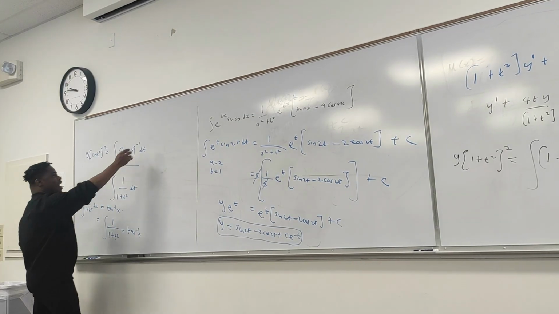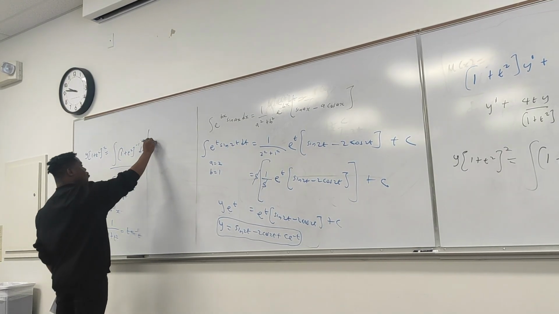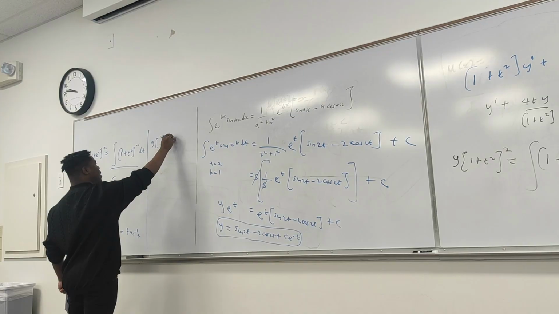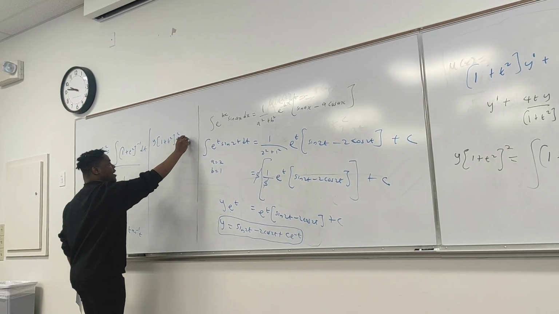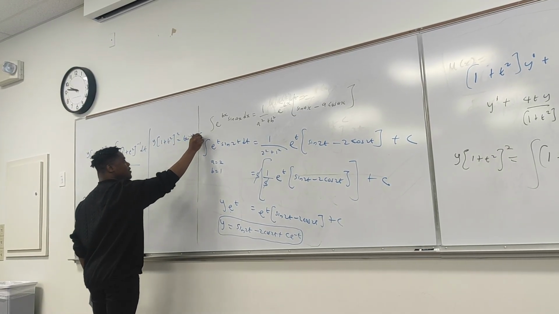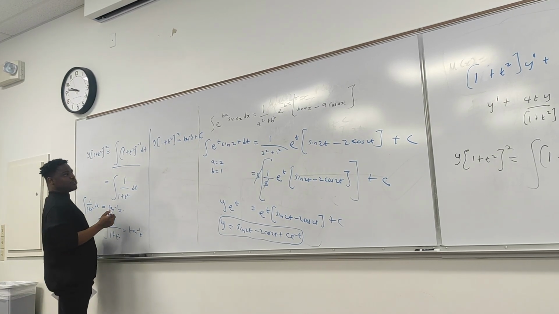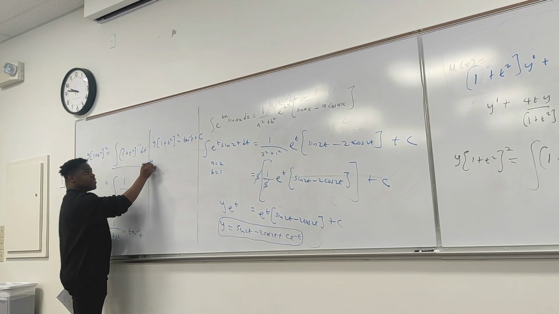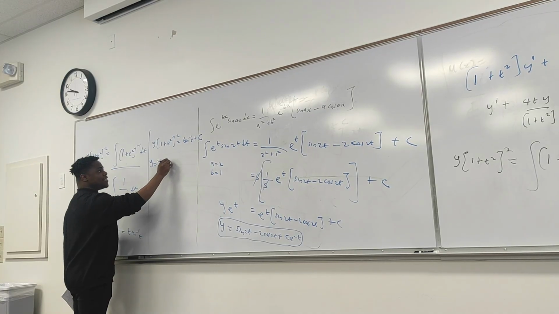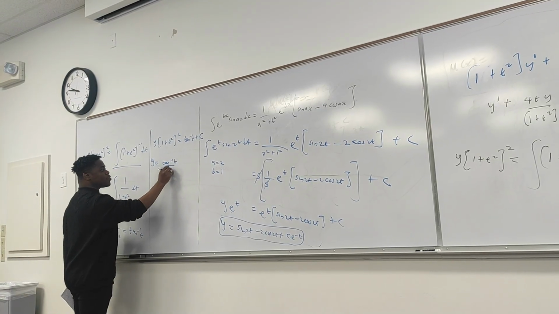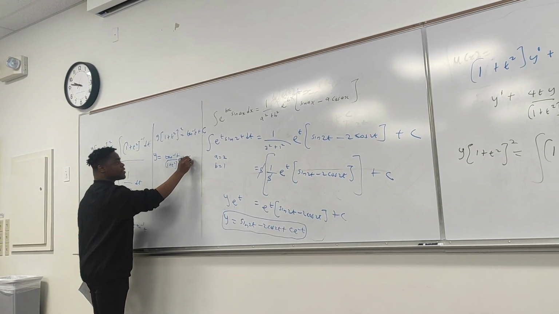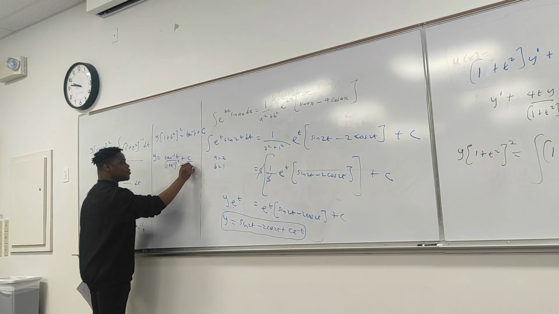So we have y times 1 plus t squared, all squared, would be tan inverse t plus c. If you get it up to this point, I give it to you. That's impressive. So y would be tan inverse t over 1 plus t squared, all squared, plus c over 1 plus t squared, all squared.